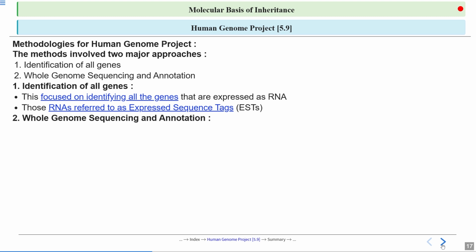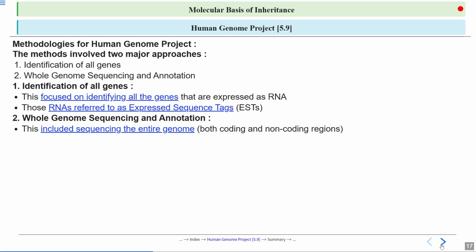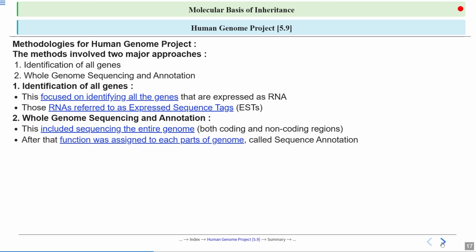Then the second method was whole genome sequencing and annotation. This included sequencing the entire genome, both coding and non-coding regions. It doesn't matter whether that part is coding or non-coding; they have to sequence the entire genome.